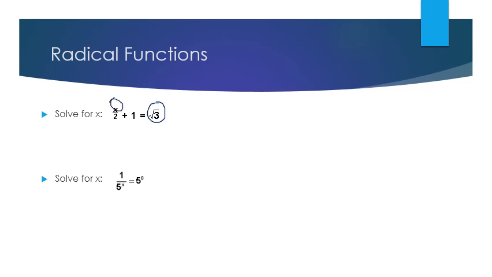So I have to get rid of everything on the left side of the equation. So I'm going to start by just getting rid of this 1. And then I'm going to have x over 2 equals square root 3 minus 1. Then my last step is to multiply both sides by 2.